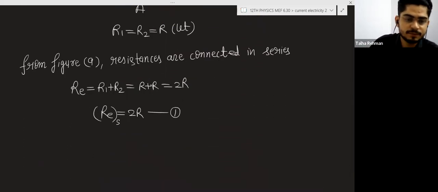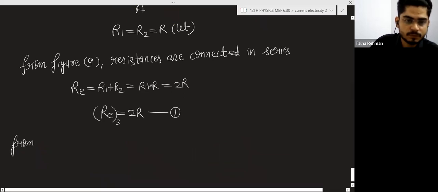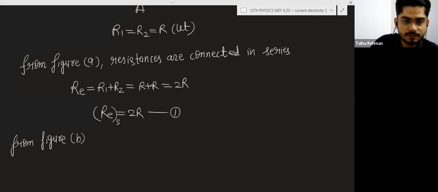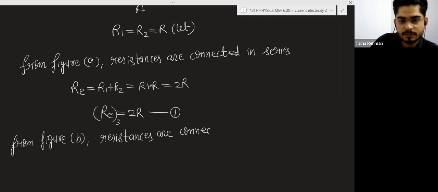So you will write from figure B, you can conclude that resistances are connected in parallel.